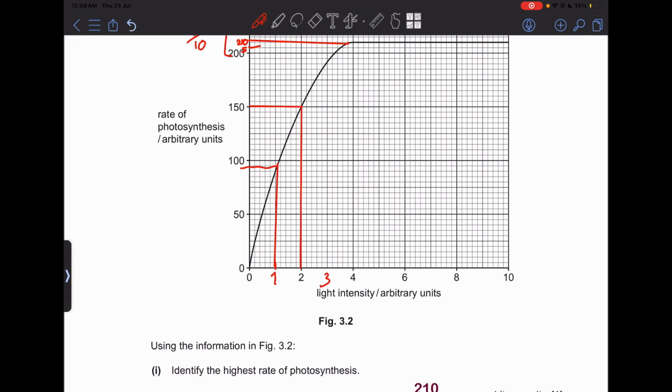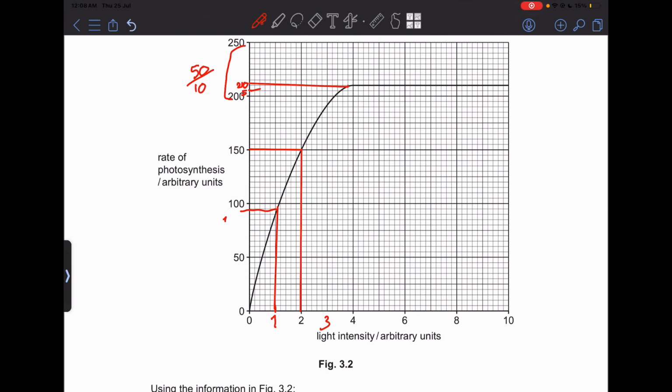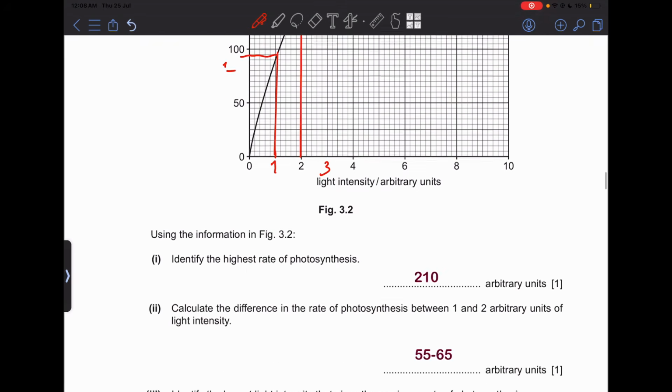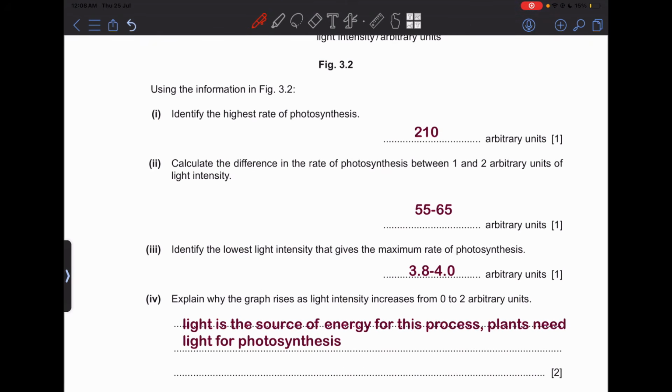And then you're going to find out that value, and then you're going to see the value of 2, and you're going to subtract the value of arbitrary unit 1 from arbitrary unit 2, because it's the smaller value. So you're going to be getting a range from 55 to 65, because there's a difference in the printing.